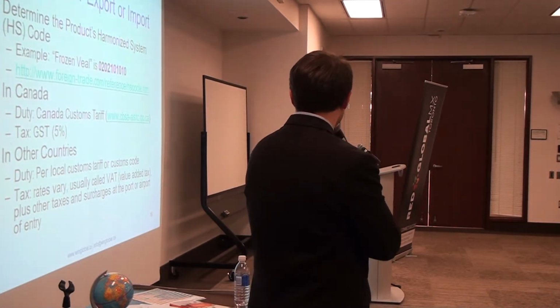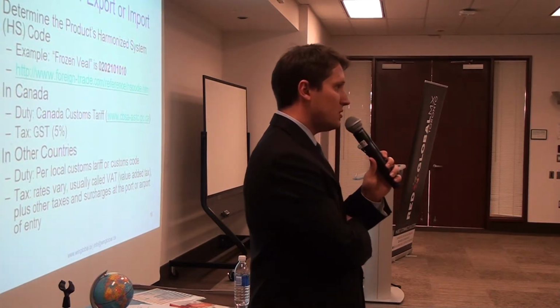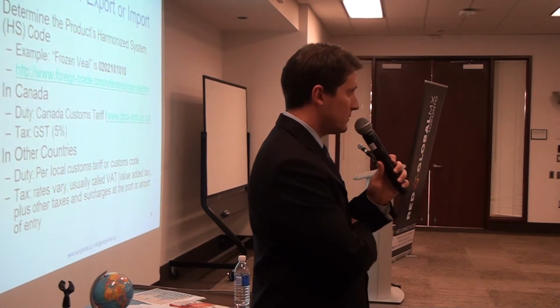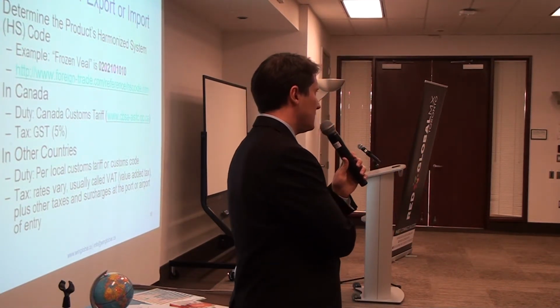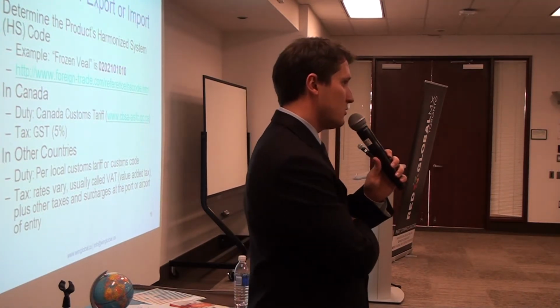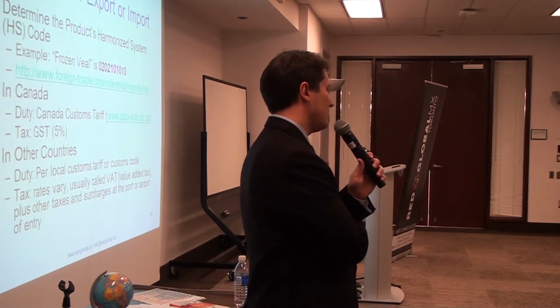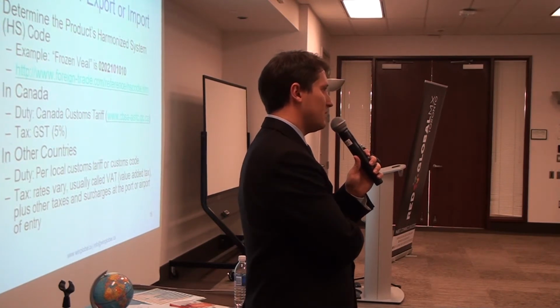But the point is that the primary reason you need to know the HS code is to identify the duty rate for your product. You identify the duty rate in the customs tariff document, or in some countries called the customs code. It's basically a big book of all the HS codes and the tariffs.